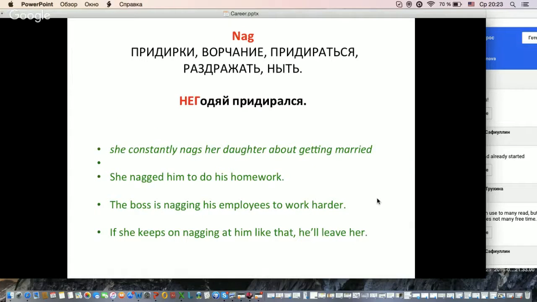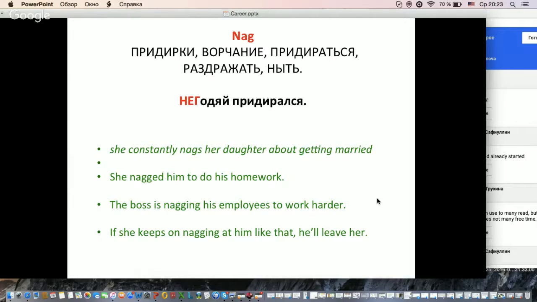Nag. Nag означает придирки, ворчание или в плане глагола придираться, раздражать, ныть. Негодяй придирался. She constantly nags her daughter about getting married. Она постоянно ворчит на свою дочку по поводу ее брака, в том плане, что пора бы уже выйти замуж. She nagged him to do his homework.